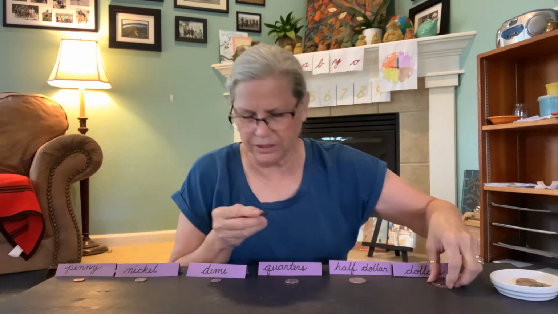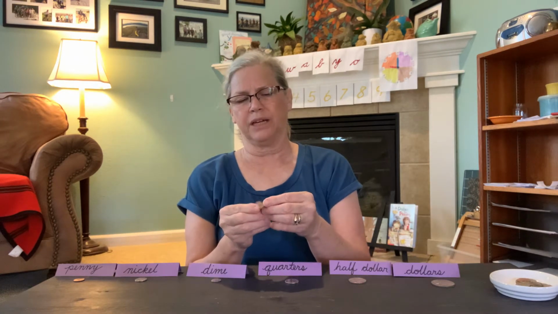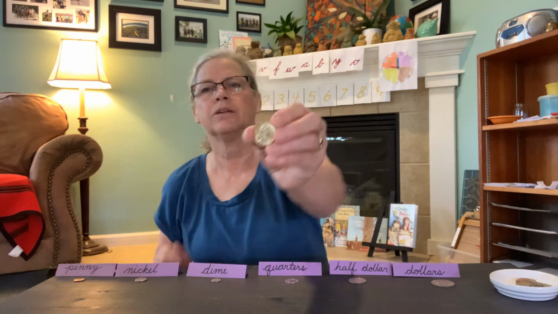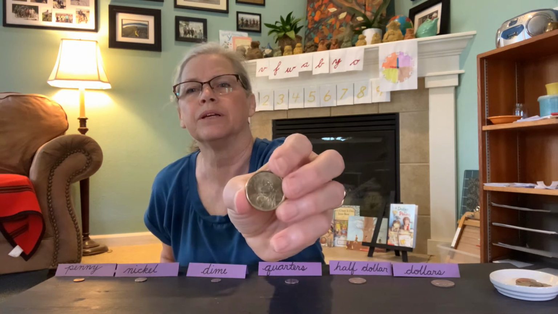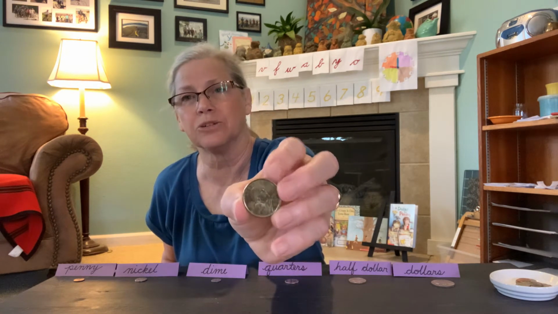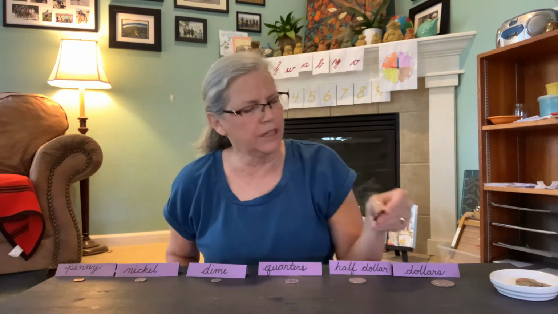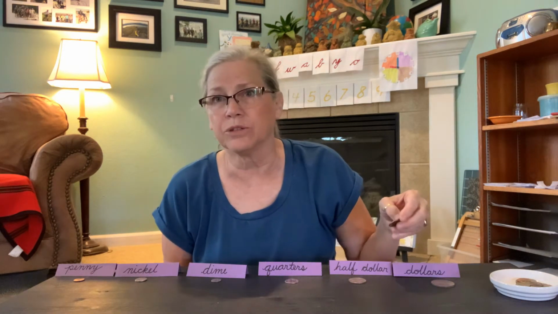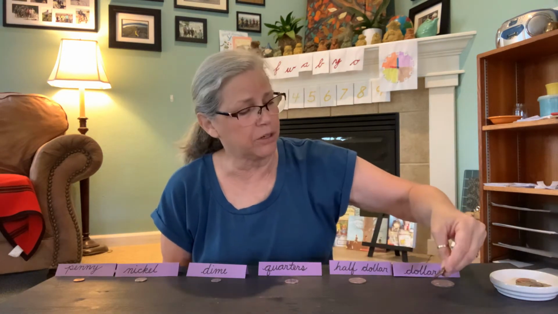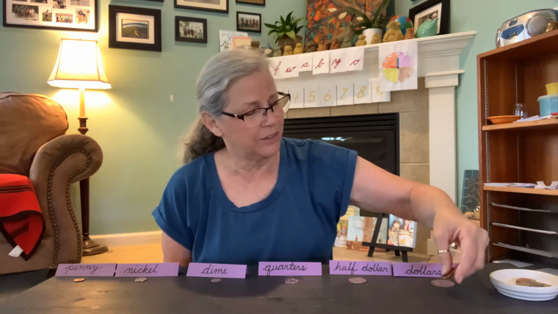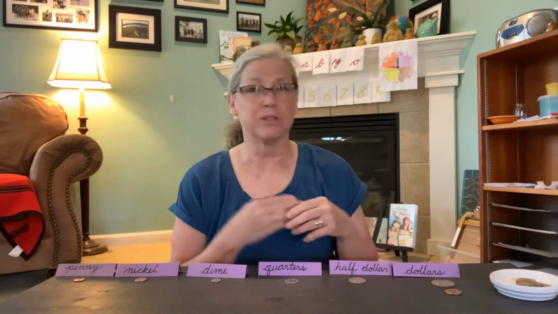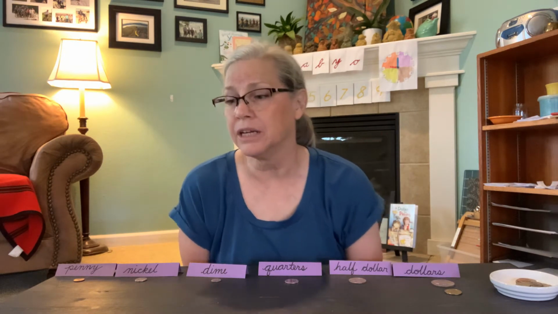Okay, that's the dollar, and this is the dollar you're going to find now. And they call him Sacagaweas because Sacagawea's on there. She was the guide for Lewis and Clark when they mapped and crossed the United States of America. Before it was the United States of America, they were just exploring the land, and she was their interpreter guide.